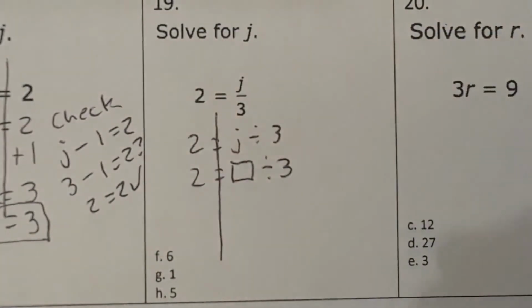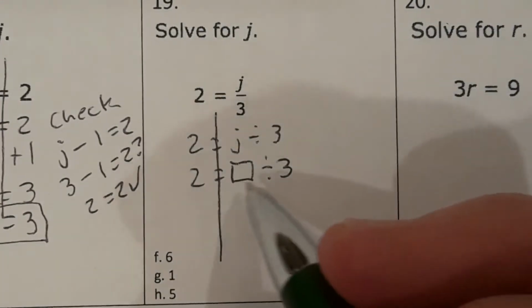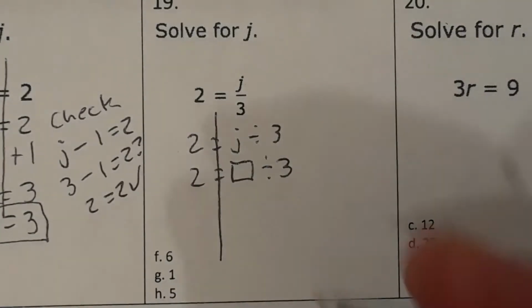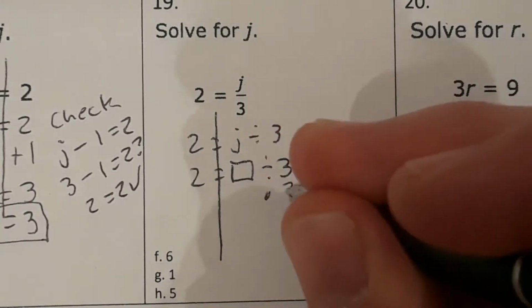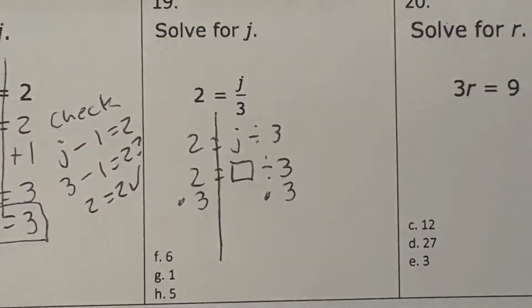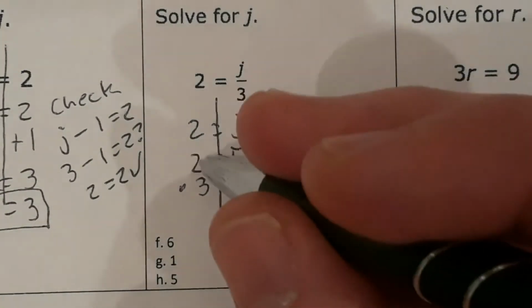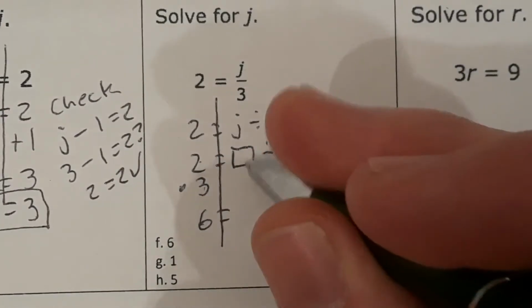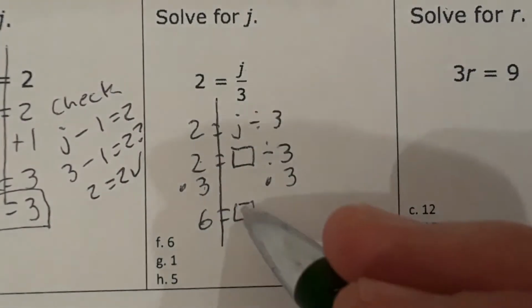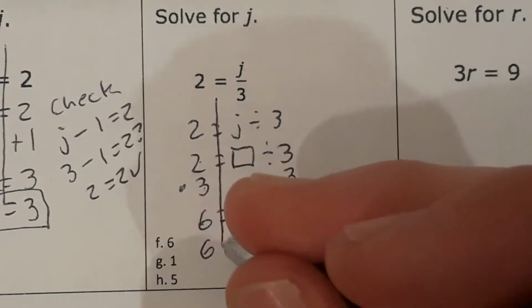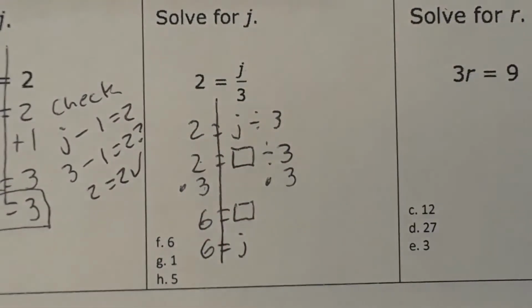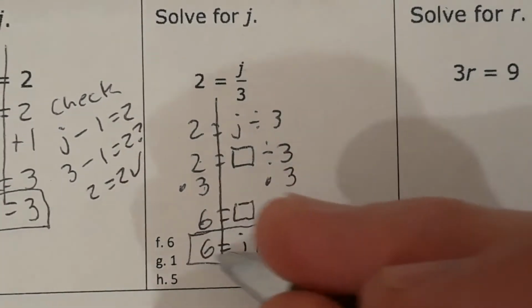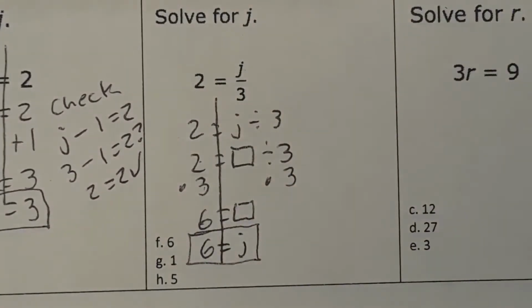So the opposite of dividing by 3 is going to be multiplied by 3. So 2 times 3 is 6 equals box. But remember the box represented Jack in the Box, so 6 equals J. Now, is it opposite? Yeah, but it doesn't matter. J equals 6, 6 equals J, same thing.